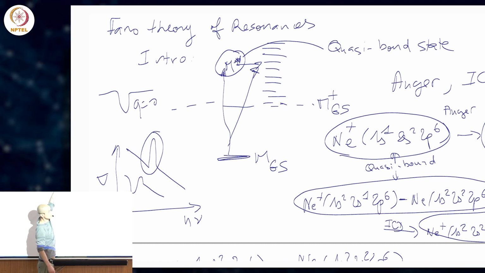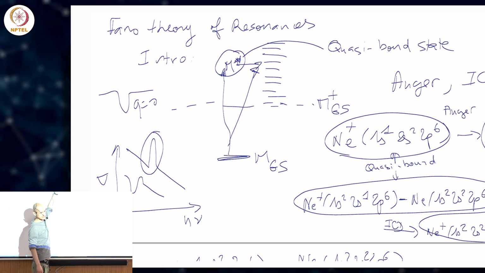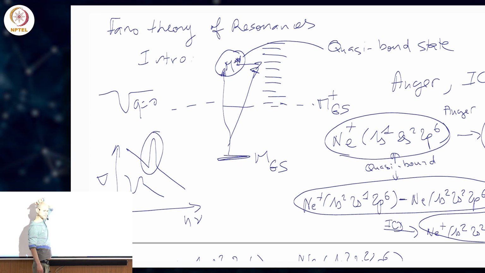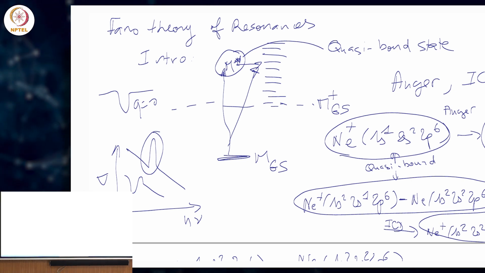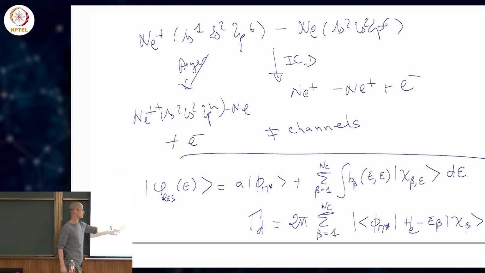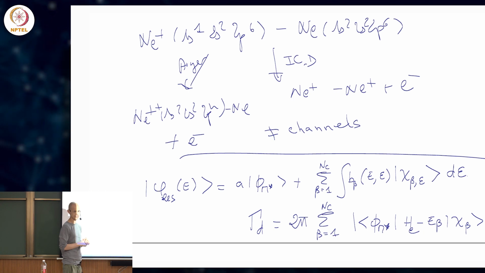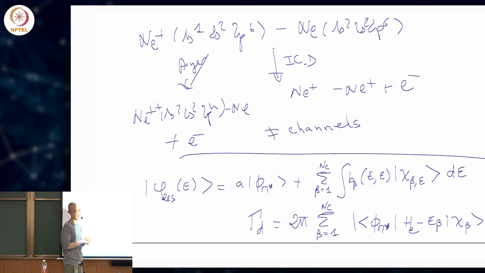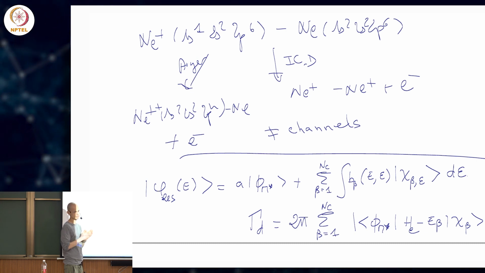Yeah, they have the same energy, and they are coupled by the Hamiltonian. And this comes from the fact that you wrote your wave function like this. So you made some kind of partition of your states. Some states that are quasi-bound and some that are continuum. Okay?